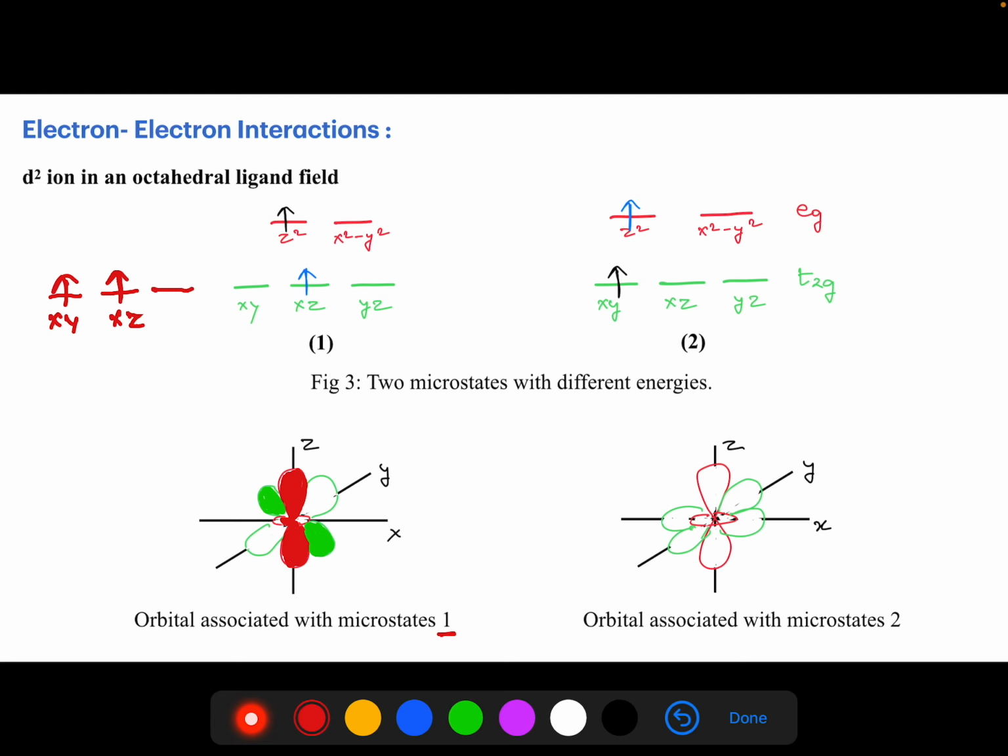And again for microstate 2, the t2g is xy, so the xy plane, this orbital dxy will be filled. I mean the electron density here.